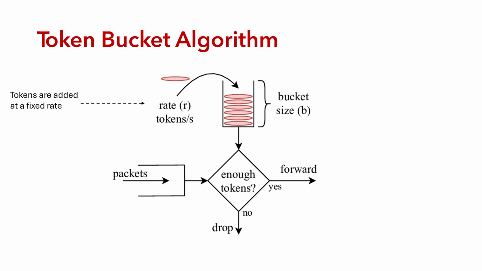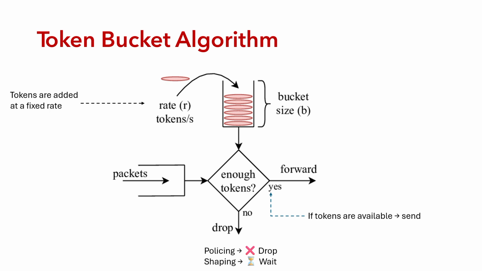Tokens are added at a fixed rate. Each packet needs a token to pass, and if a token is available, send it. If the tokens are not available, then either apply policing by dropping the packets, or apply shaping by making them wait and smoothing the traffic. This is the foundation behind both mechanisms.